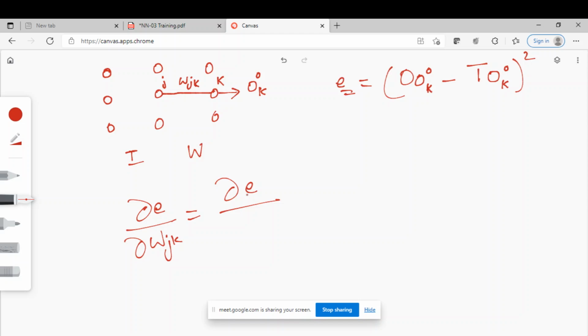So it is dou E, which should be differentiated with respect to dou O, where this O represents the observed output of the kth neuron of the output layer. Again, this output depends on what?